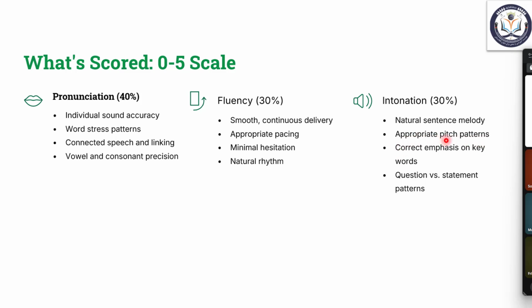Pitch is how falling your intonation is and how rising your intonation is, which words should rise and which words should fall. So that's the pitch pattern. We have specific patterns for every sentence. For example, if it is a statement, we have one type of pattern. Statements especially depend on which word you emphasize.